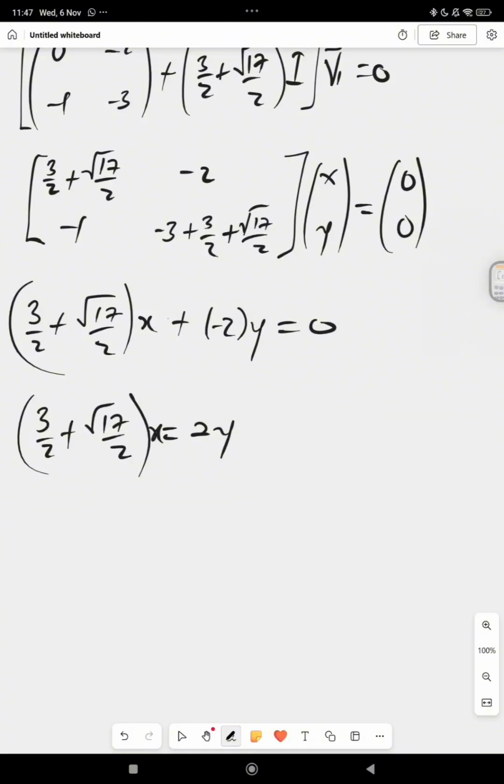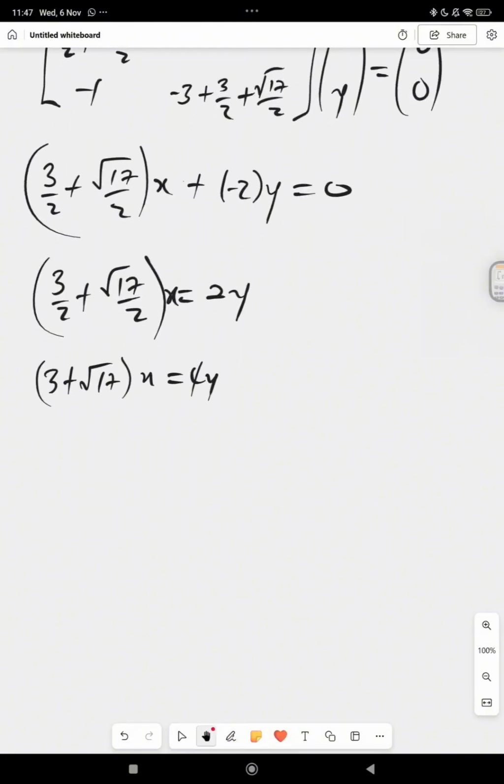If we multiply both sides by 2, we're going to have 3 plus the square root of 17, times x, is equal to 4y. Remember, we're going to divide y over x. So the expression you're going to have will be 3 plus the square root of 17, divided by 4.